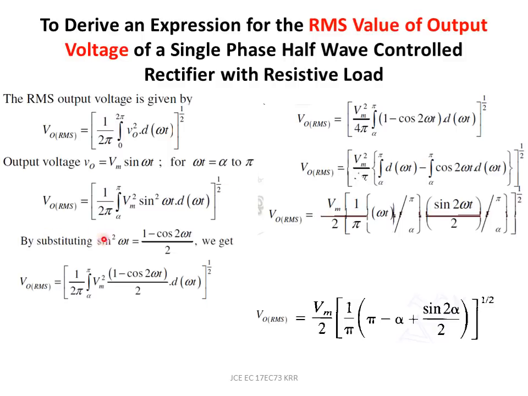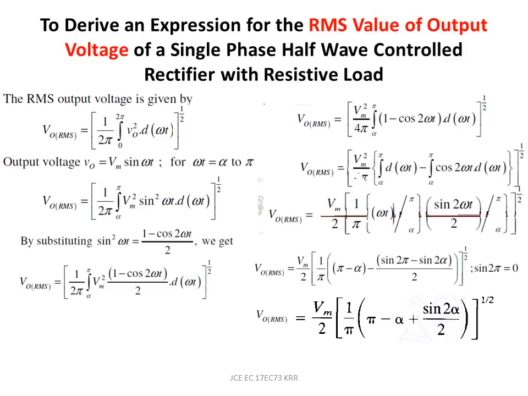And now for integration, you must have done integration earlier. Sine squared can be represented as 1 minus cos 2 omega t by 2. So this is a trigonometric formula. Substituting for sine squared as 1 minus cos 2 omega t by 2, d omega t, to the power of half. Just substitute it.